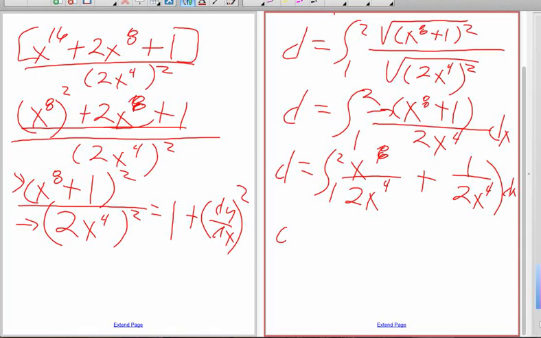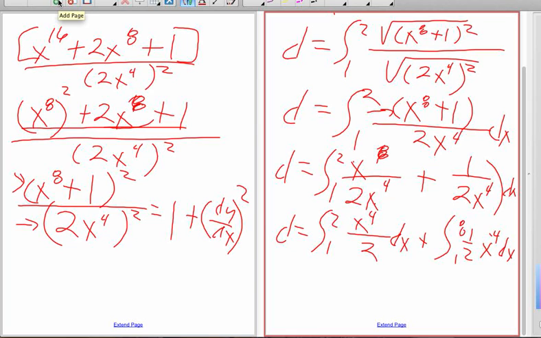When I simplify these, it's going to give me x to the fourth over 2 dx plus the integral from 1 to 8 of 1/2 x to the negative fourth dx.